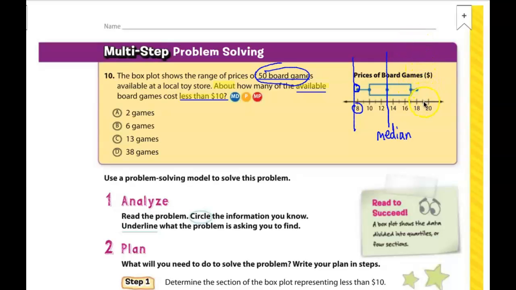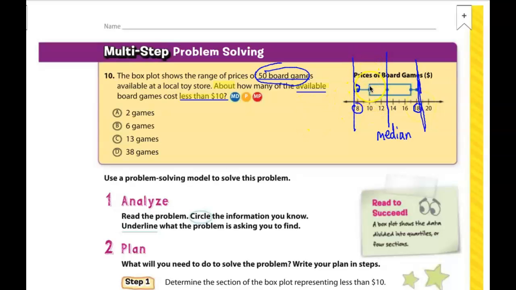What is the upper extreme? What is the most expensive board game? How much is that? Go ahead and answer that for me, please. Very good. If you said 18, you're correct. So this is the upper extreme on this side over here. Okay, that wasn't a great line, but that was a line. So the lesser extreme and the upper extreme.